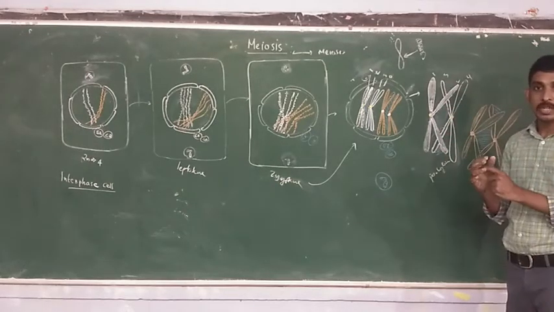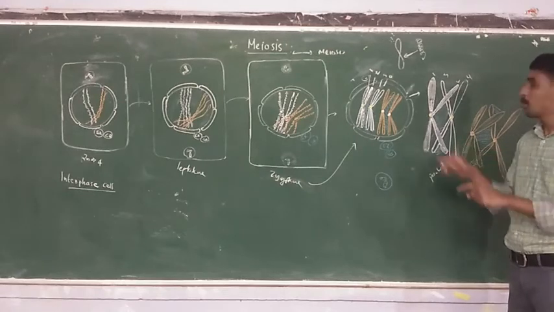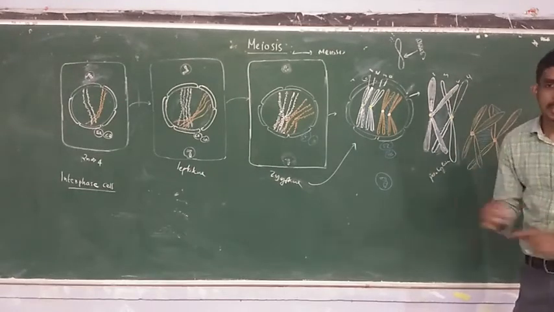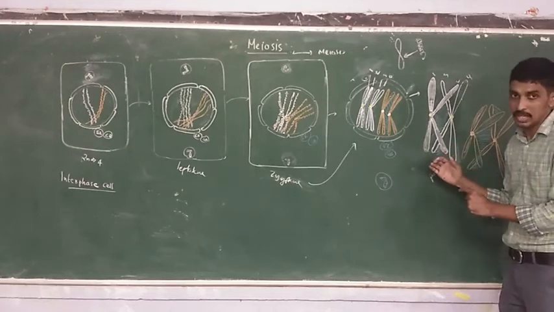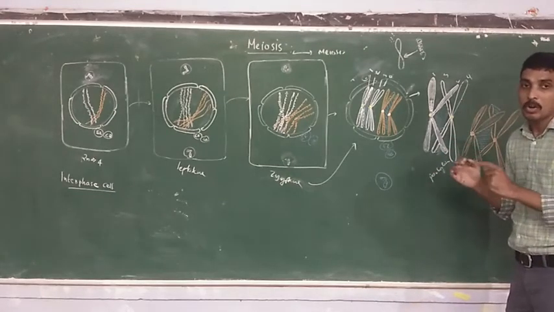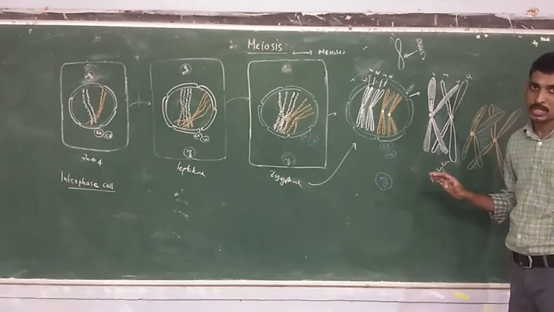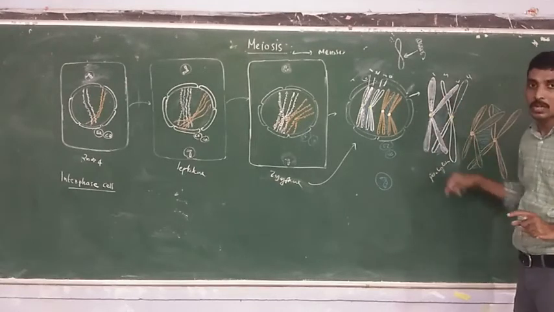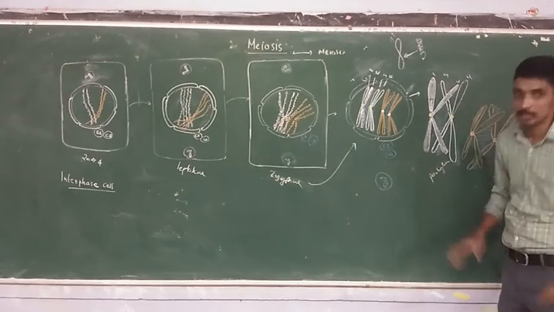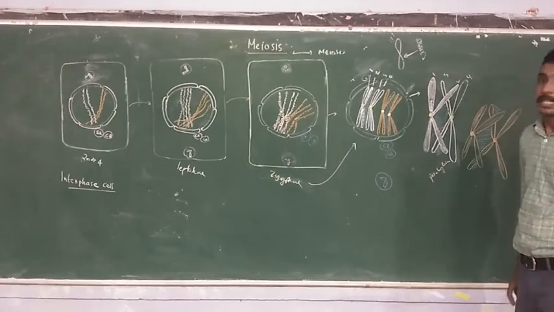That leads to clear visibility of the X-shaped structure called chiasmata. So during the diplotene stage, the synaptonemal complex dissolves and the X-shaped chiasmata can be clearly visible. That is the stage of diplotene.